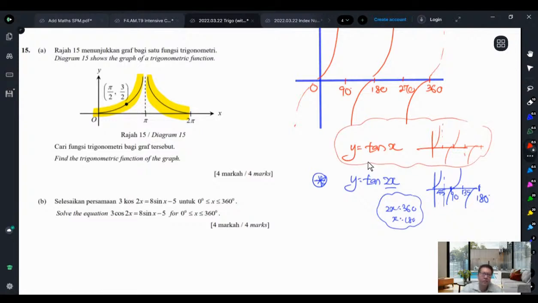But this is 2 pi. The shape doesn't look like that. There must be a modulus here, which flips it up. So it must be y equals tangent x with a modulus.